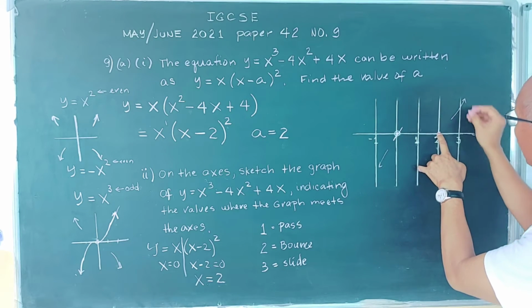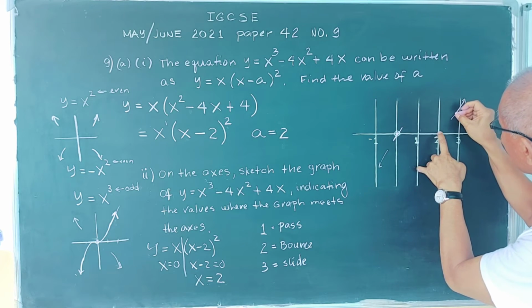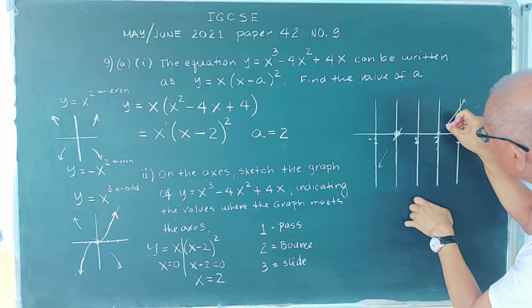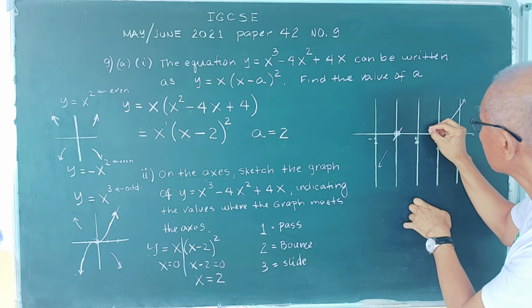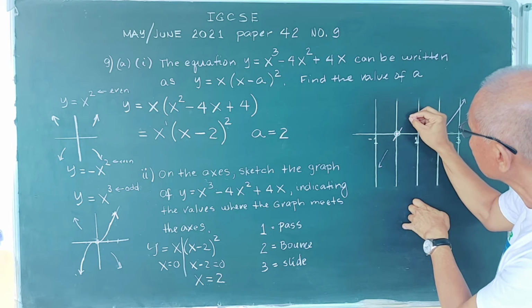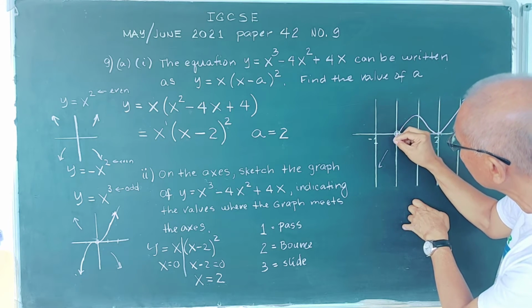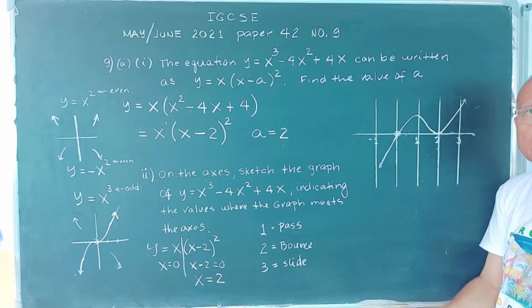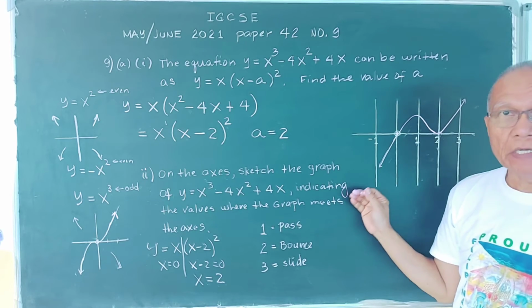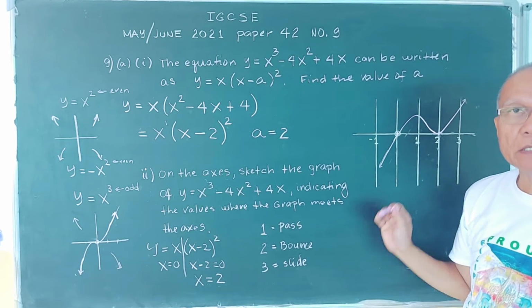Because this one is the curve, it will bounce here. It will not pass, and this will be a straight line. And this is our curve. That is how to sketch a polynomial or any curve.